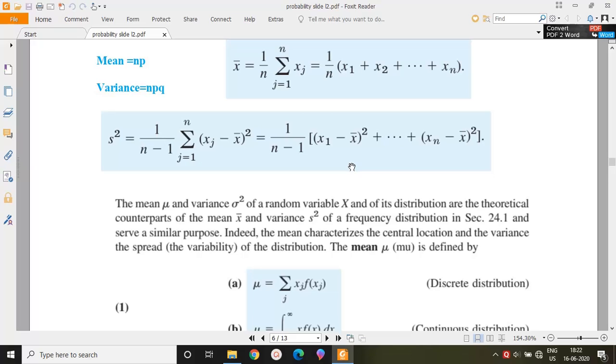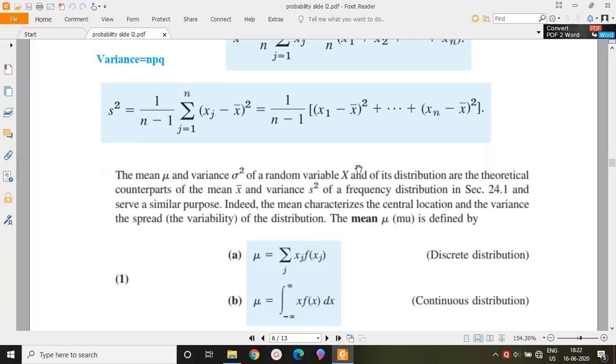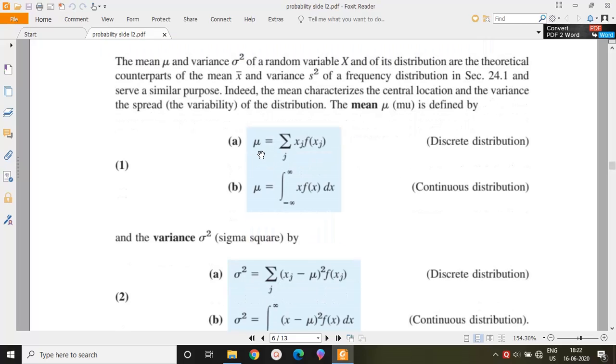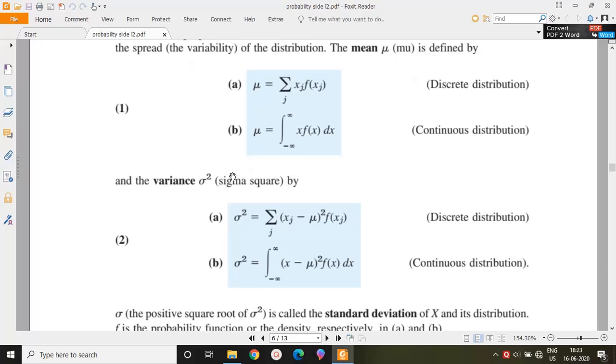Now, how can you write mean and variance for probability distributions? If you have a discrete distribution, then the mean is denoted by the symbol mu rather than x bar. It is the sum over j of xj into f of xj. xj is your random variable, f of xj is its corresponding probability. For a continuous distribution, the summation is replaced by integration over the entire range of the random variable. So your mu is equal to the integral from minus infinity to plus infinity of x f(x) dx.